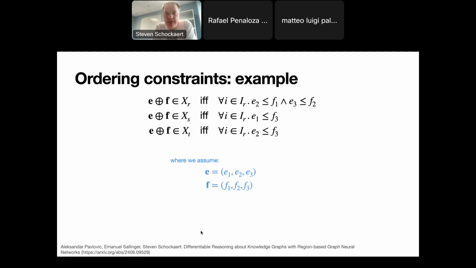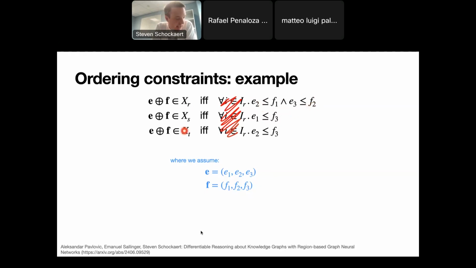But still, it's quite surprising to me, this is enough to capture a lot of rules. Now, to illustrate how we can capture rules with such a simple model, I have an example here. We have 3 relations in this example: R, S, and T. The entity pair EF belongs to relation R if the second coordinate of E is below the first coordinate of F, and the third coordinate of E is below the second coordinate of F. That's how the region that represents relation R is defined.